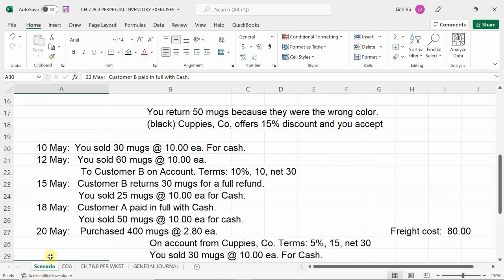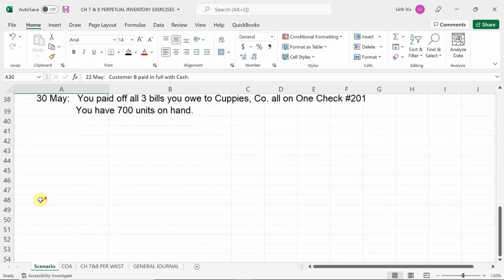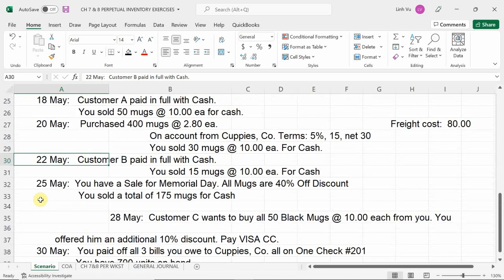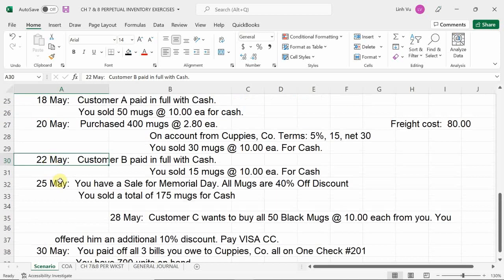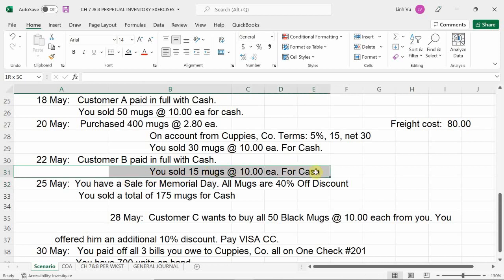Right? So, let's see. That was the 22nd of May. So here, that very same day, you also end up selling an additional 15 mugs for $10 each for cash. So once again, this is just a little exercise where we're constantly purchasing, constantly selling.